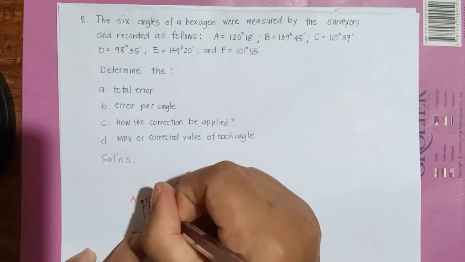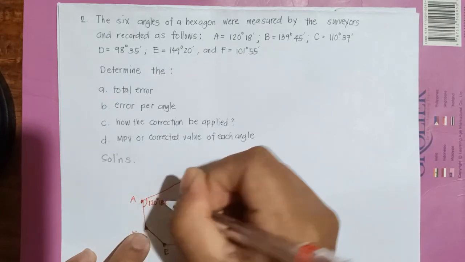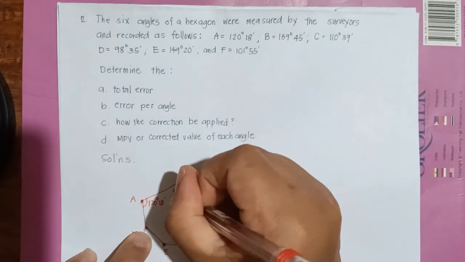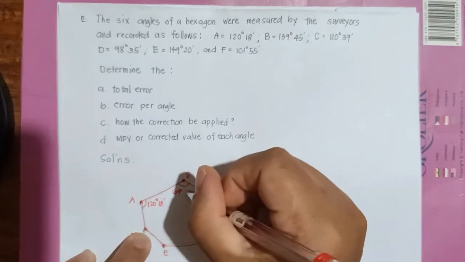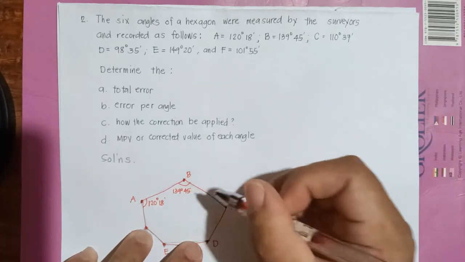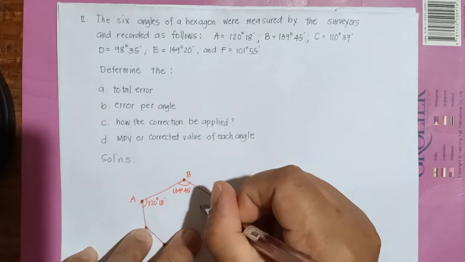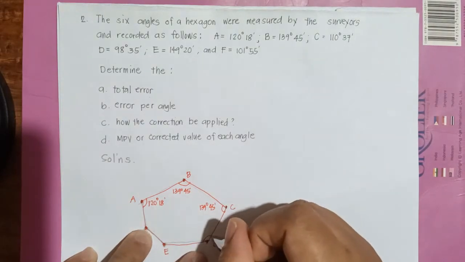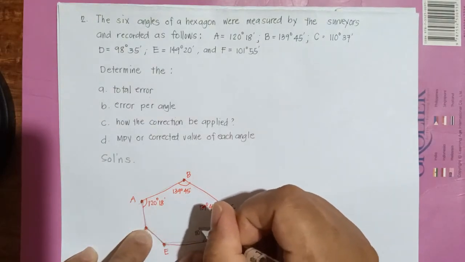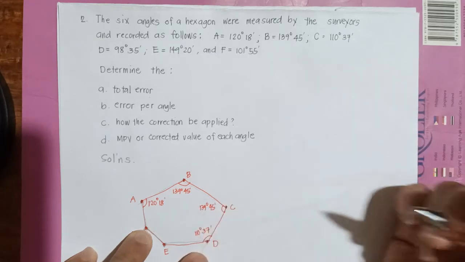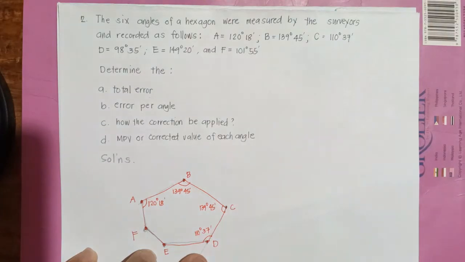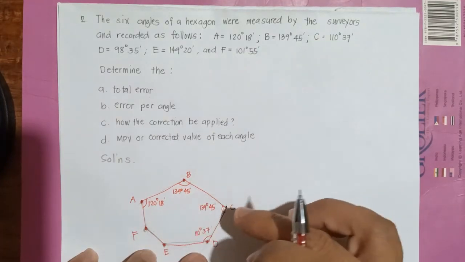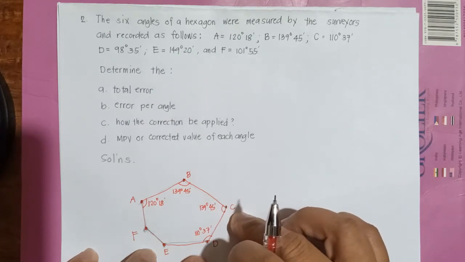A is 120 degrees and 18 minutes. B is 139 degrees and 45 minutes. C is, oh, I think I made a mistake.